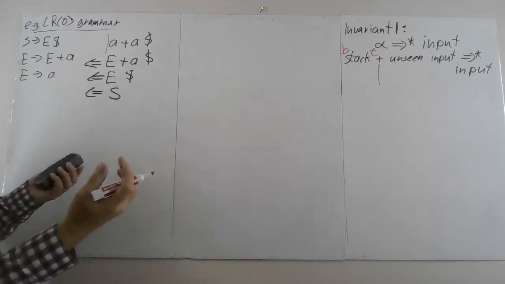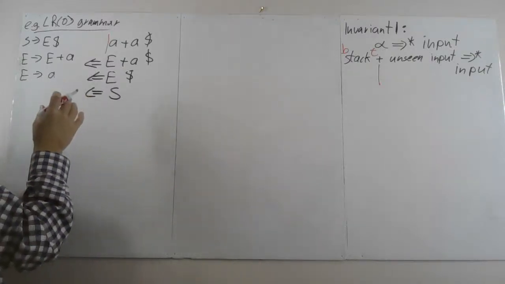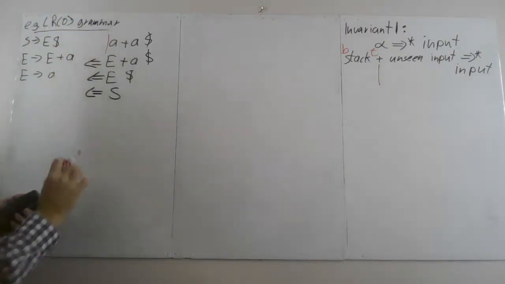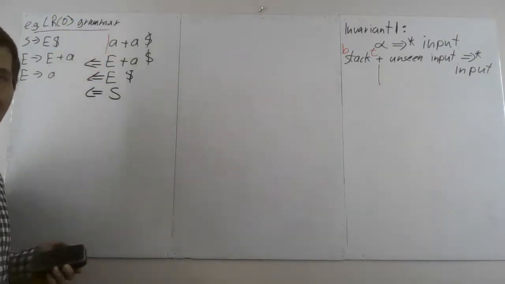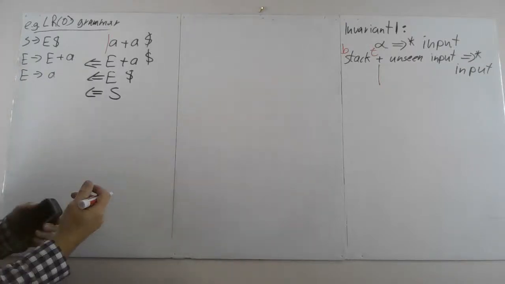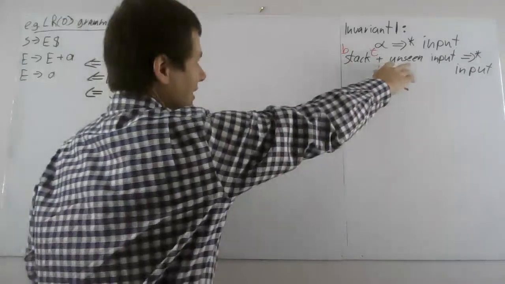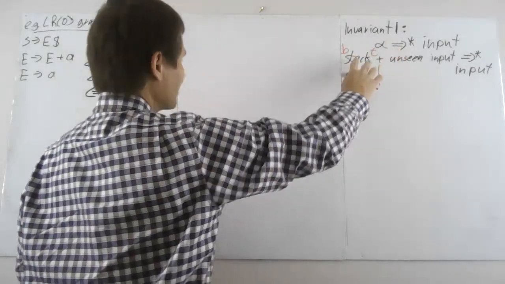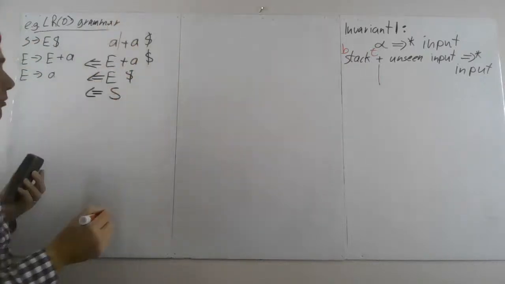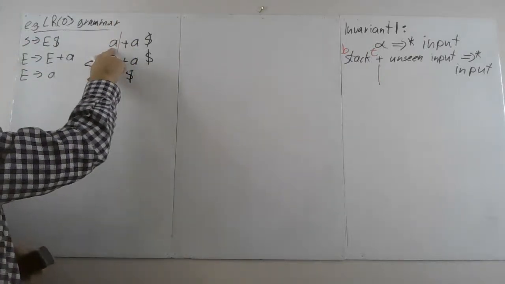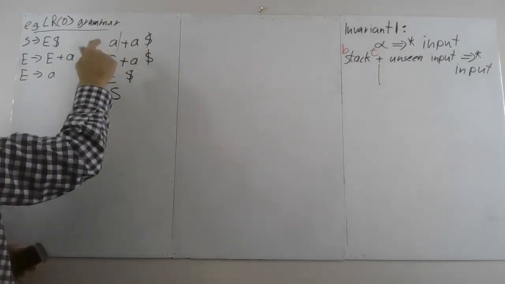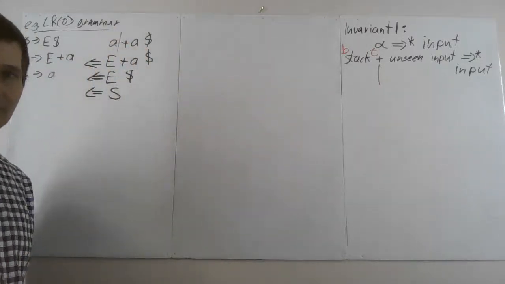And then we could look to see whether the top of the stack matches any of the right-hand sides of the rules, but the stack is empty, so it doesn't. So we can't do a reduction step, but we can do a shift step. And a shift step says, take a symbol from the input and push it onto the stack. So I'm going to move this red line over to say, well, now the stack is A, and the unseen input is only plus a dollar sign, right? It's not unseen anymore. We saw the A, and we pushed it onto the stack.